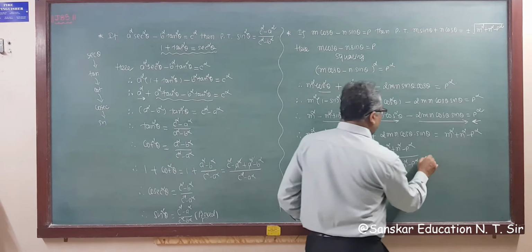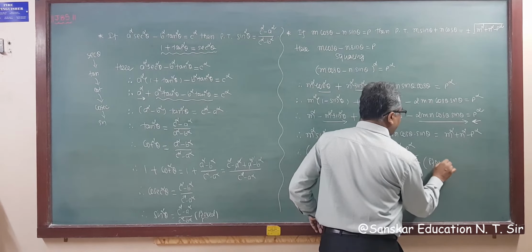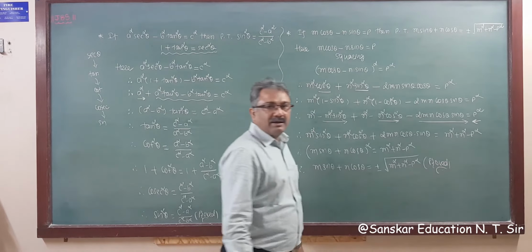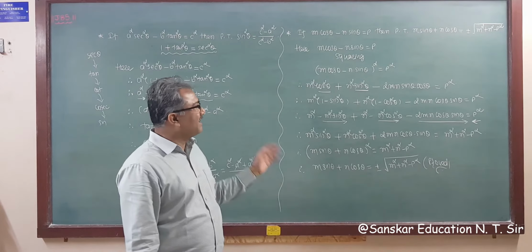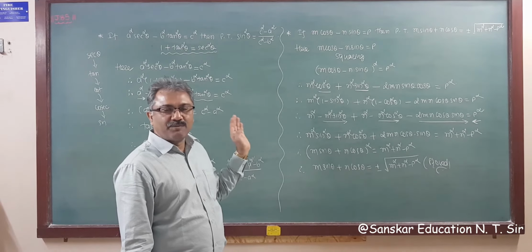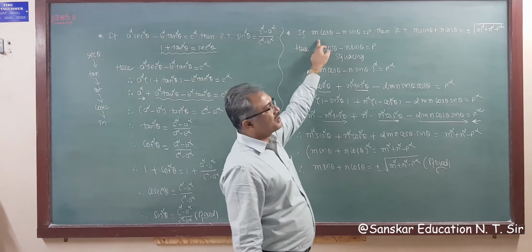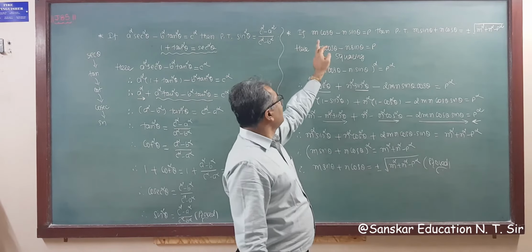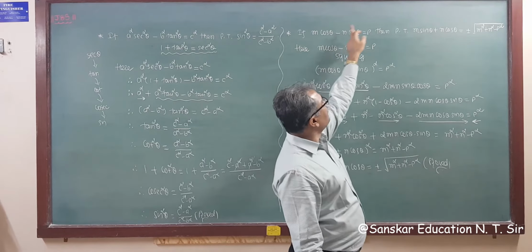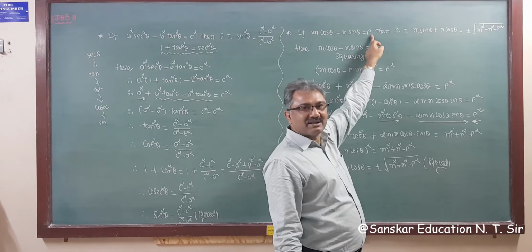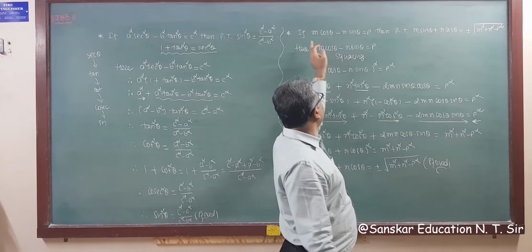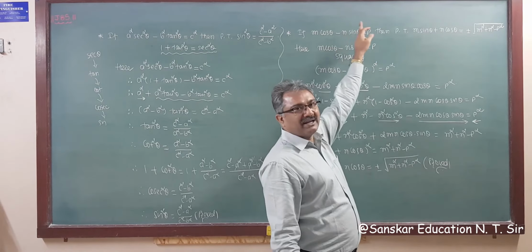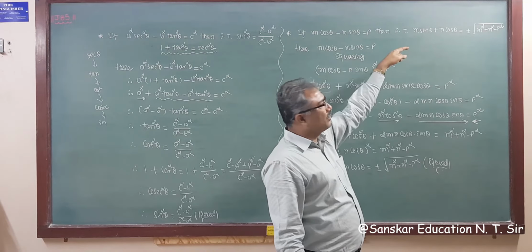So this is proved, right? This is a nice question for competitive exams. So remember as a formula, if it is given m cos theta minus n sin theta is equal to p, then what is your answer? Plus or minus square root of the square of this plus the square of this minus the square of this.